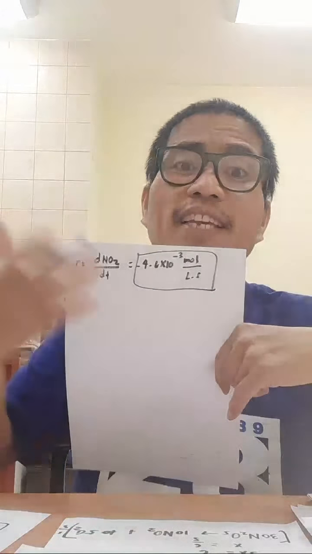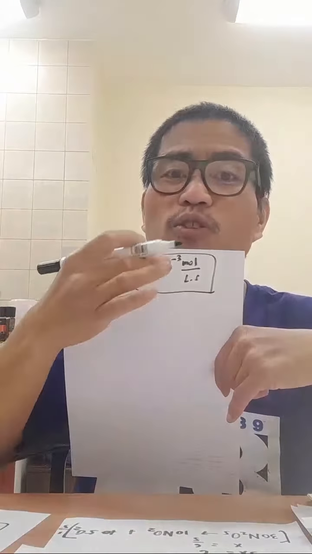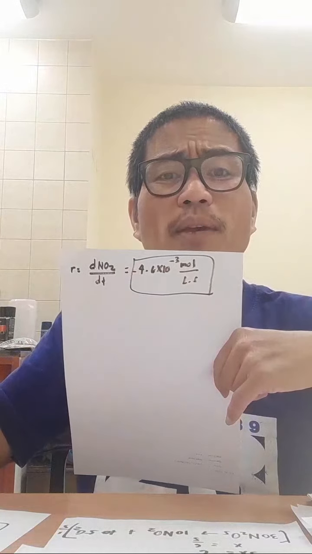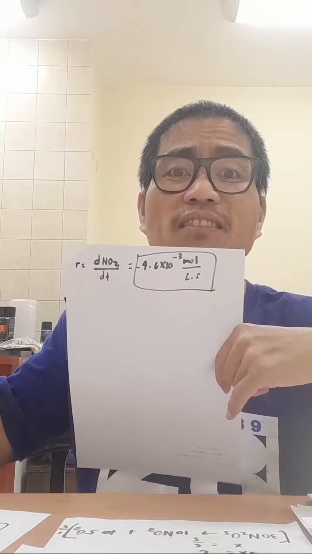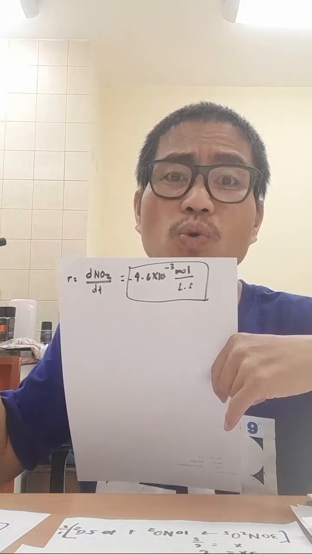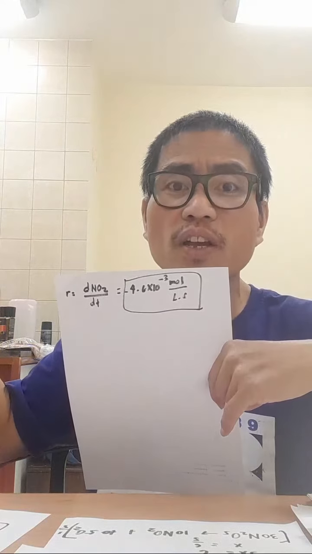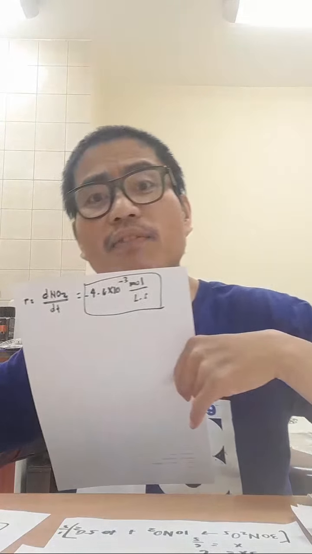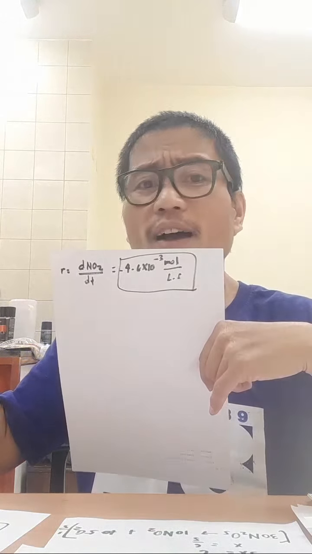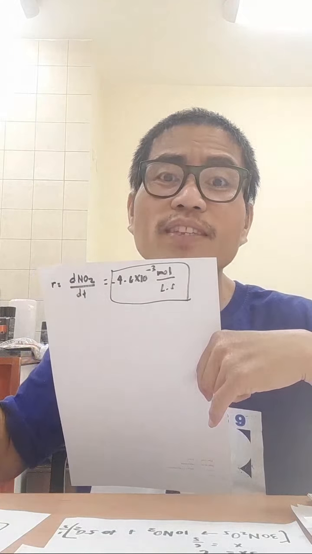If you are not used to that unit, sometimes you will be confused, especially if you are too dependent on what your instructors and professors use. When you meet that kind of variable, you will be shocked and wonder where it came from, and that's the time you will investigate. It's just the same as molar per second, or molar times s to the negative 1. You just transpose the s into the numerator, and it becomes negative.